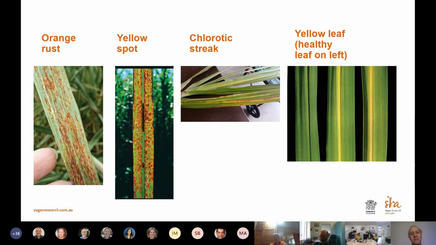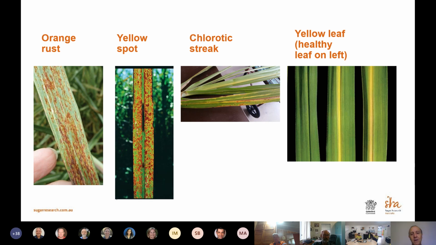The main thing about yellow leaf syndrome is that it occurs towards the end of the growing season, typically around May, June, July, as the crop matures, and it's focused on the midrib. It can extend into the leaf blade, but you'll see it first in the midrib in the older leaves. So generally, once you know those several characteristics, yellow leaf syndrome can be separated quite easily from yellow canopy.